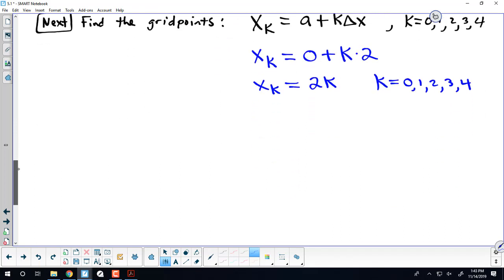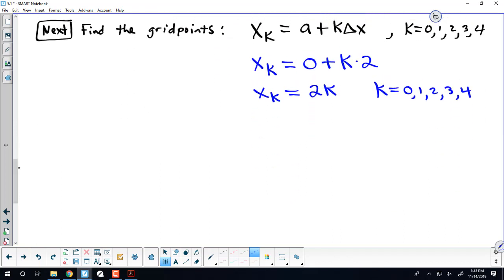What we're computing here is, for the time being, a function of k, because k is the thing that changes. So x sub 0 is equal to 2 times 0. Is that clear on how we're doing that? K starts at 0, then it's 1, then 2, then 3, then 4.